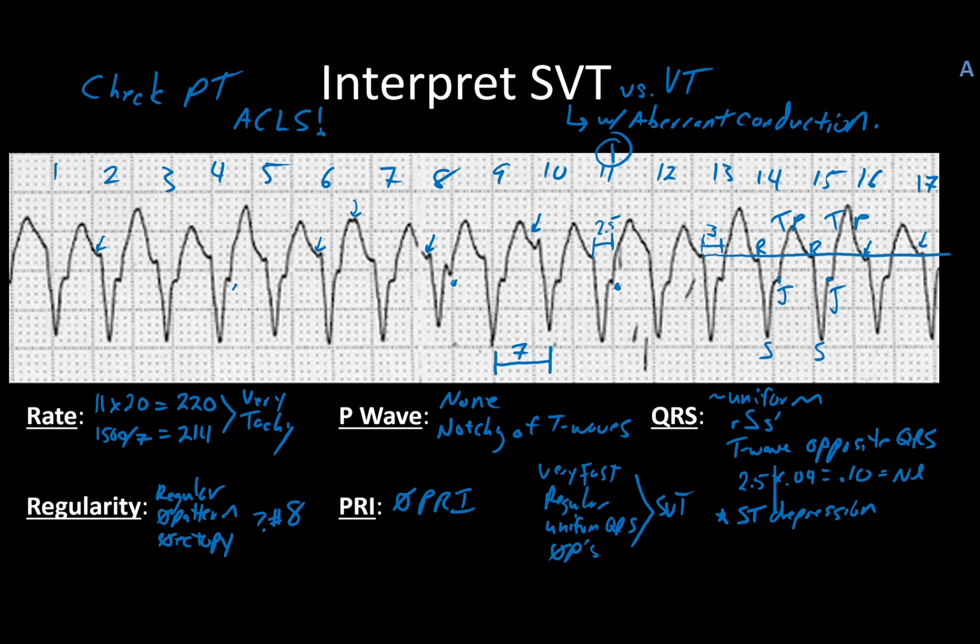Ultimately, it's really cool when you can catch this and you can identify it, but treat them with ACLS. If they have a pulse, great. Use your tachycardia pathway. If they don't have a pulse, just go ahead and shock them as if it was VTach and you're trying to get them out of it. And go from there. All right, so that is it for the junctional rhythms.